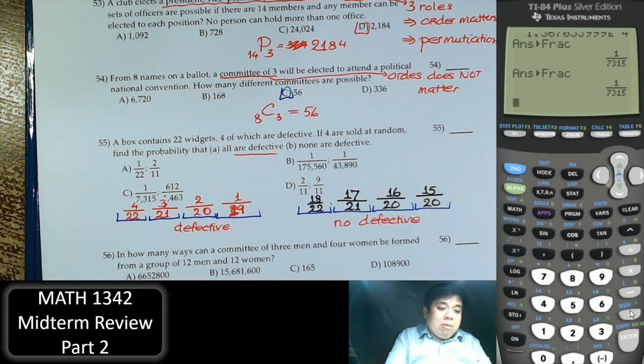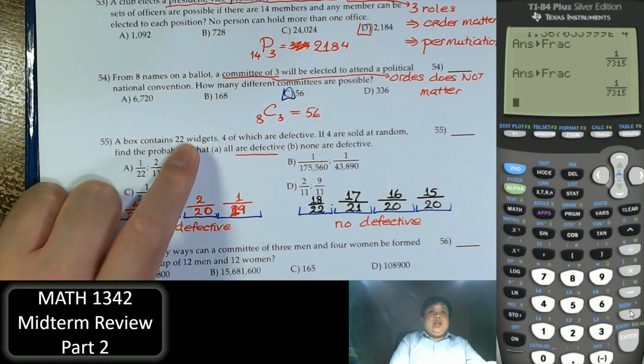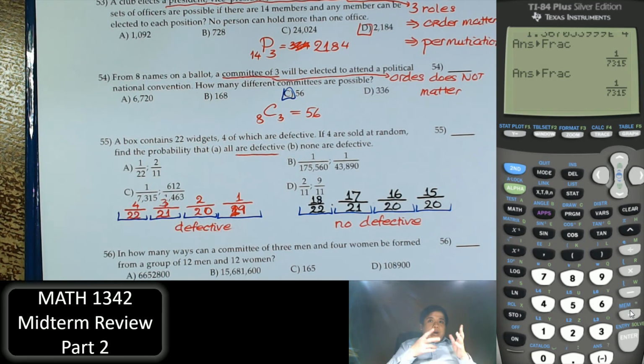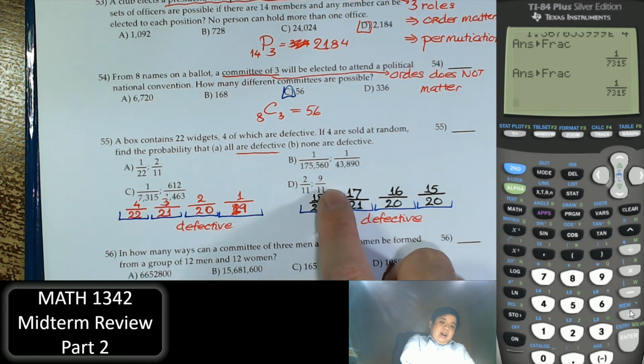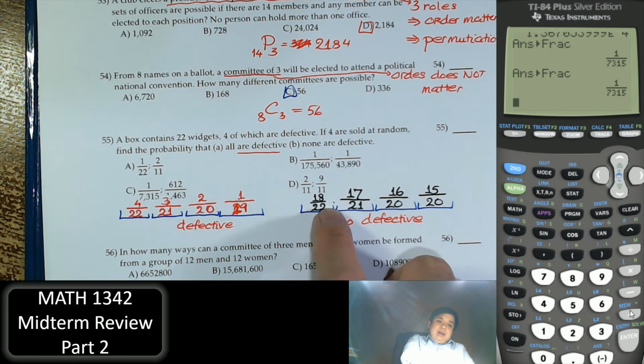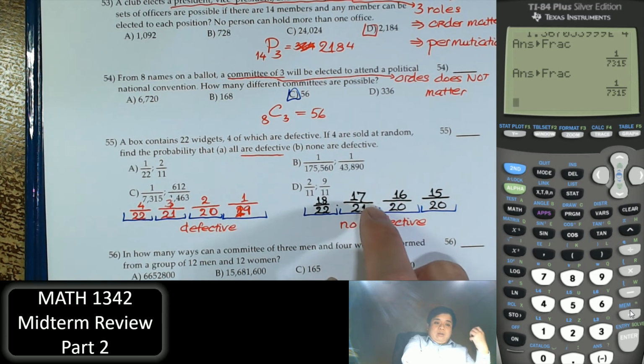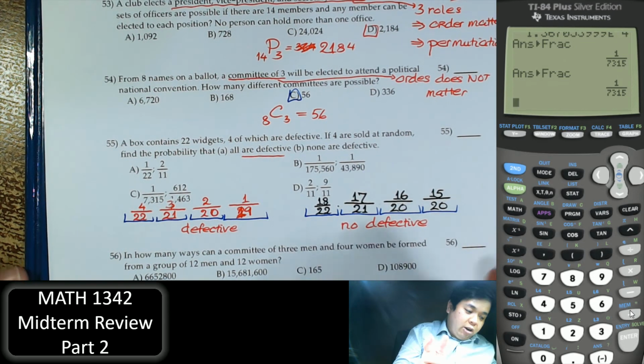Right? Remember, originally there are 22 and 4 of them are defective. So 22 minus 4 is 18 of them that are not. So 18 divided by 22. And then we take one out. There's 17 over 21, and so on. So do all of that.